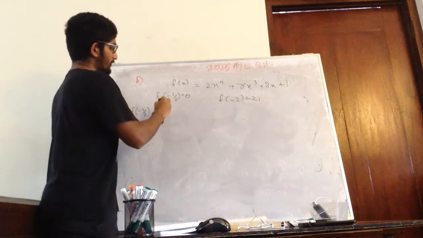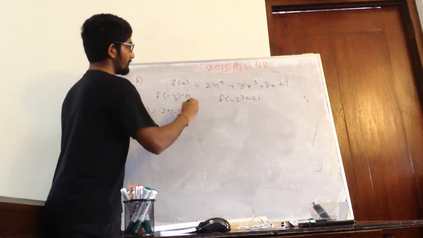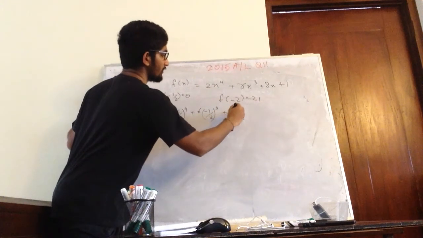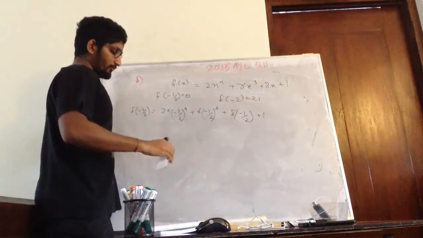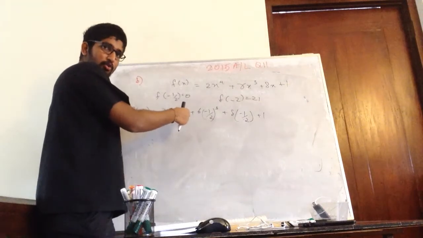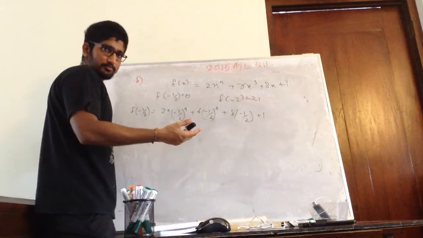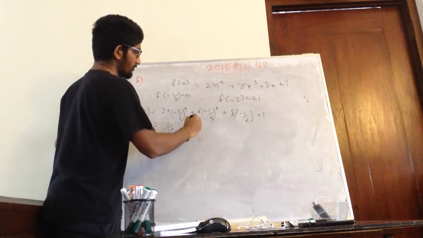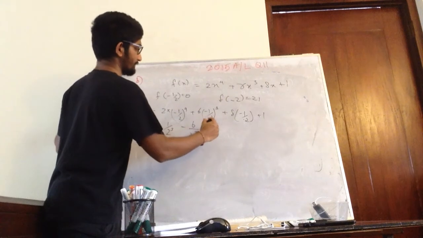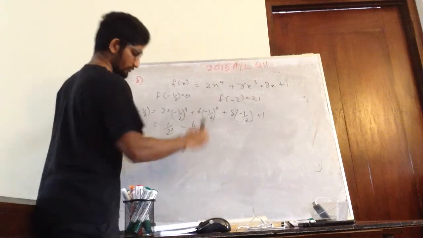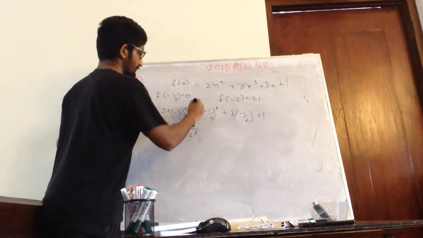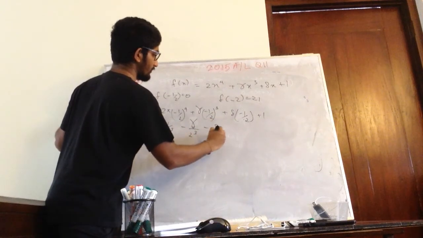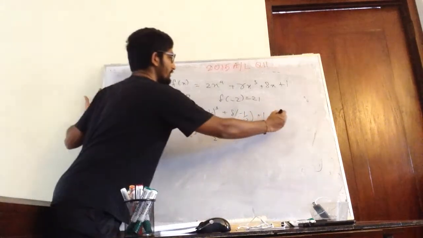f(-1/2) is 2 times (1/2)^4, plus λ times (-1/2)^3, minus δ over 2 plus 1, equal to 0.